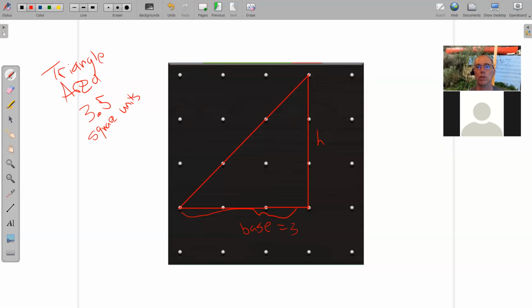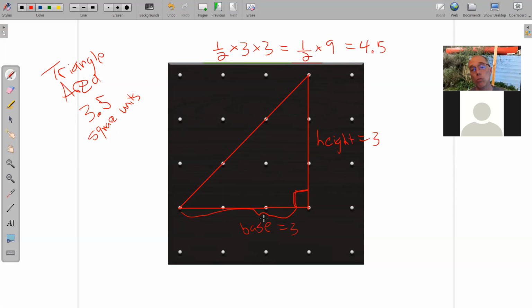Well, height looks like it's 3 units too. So the area, it is a right triangle, right? Those do meet at a right angle there. So the area of this thing here should be 1/2 times 3 times 3. Well, 3 times 3 is 9. What's half of 9? Oh, that's 4.5.